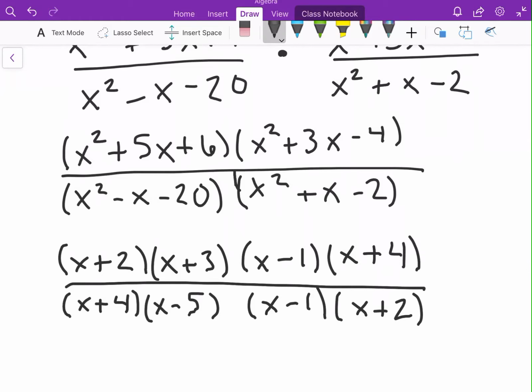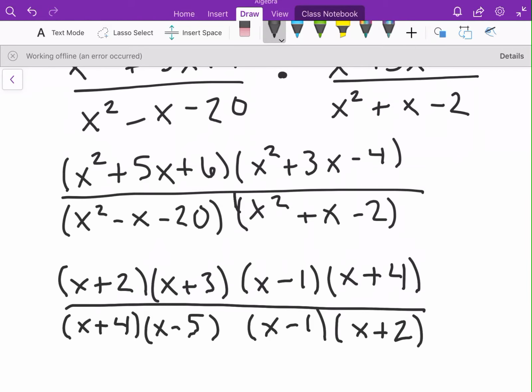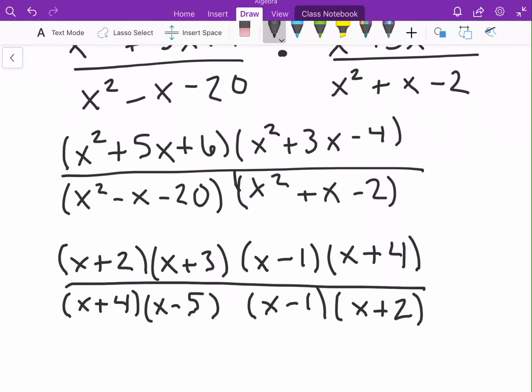So far, all we have done is combine our numerator and denominator and factor. Now, what you might notice is that we have several common factors in both the numerator and the denominator. What we can do now is remove those factors to simplify this. You will notice that there is an x plus 2 in both the numerator and the denominator.